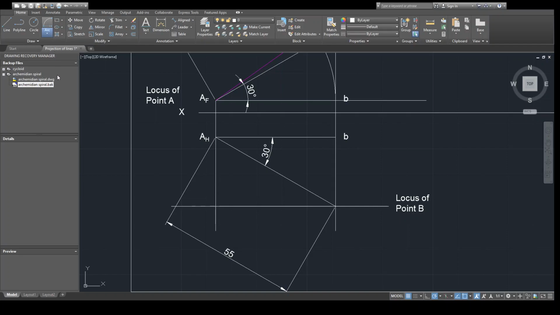Start, center, angle, start, end, direction. Yes, this is my center point, this is the starting point, and this is my end point.